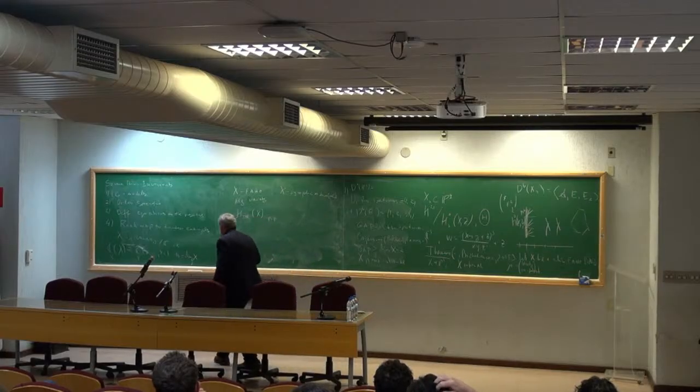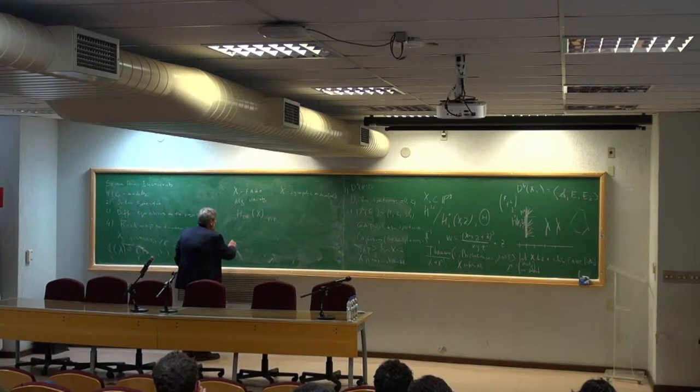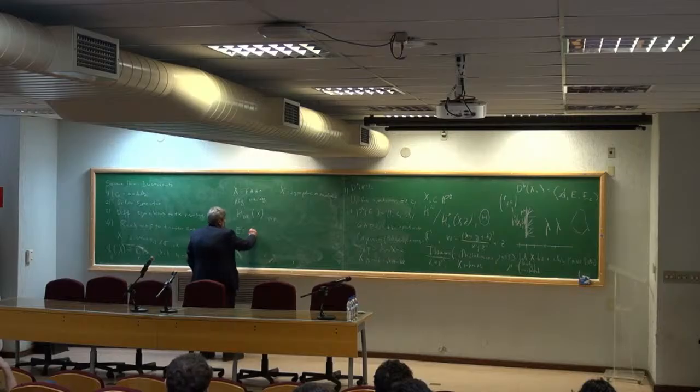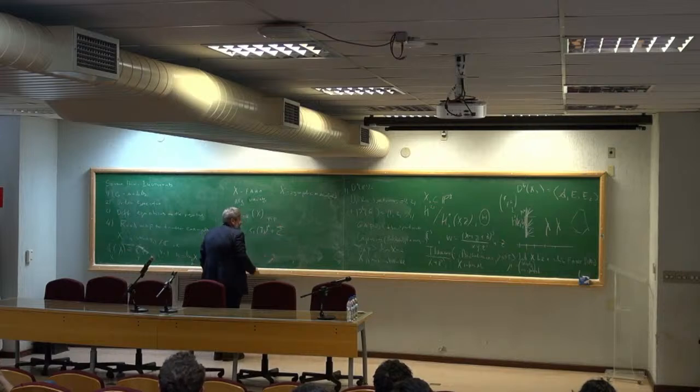And so we'll consider the following Euler field, which is the quantum multiplication by the canonical class plus some deformation of it.